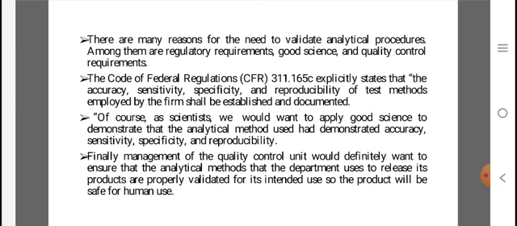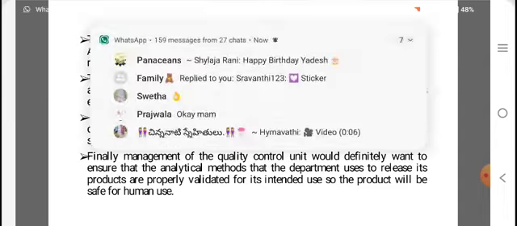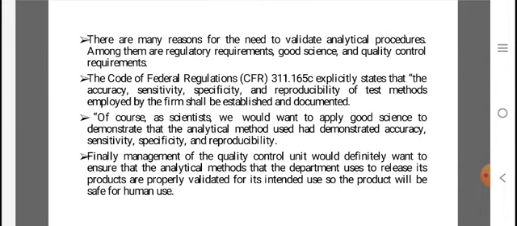There are many reasons for the need to validate analytical procedures. Among them are regulatory requirements, good science and quality control requirements. The Code of Federal Regulations 311.165 explicitly states that the accuracy, sensitivity, specificity and reproducibility of test methods employed by the firm shall be established and documented.